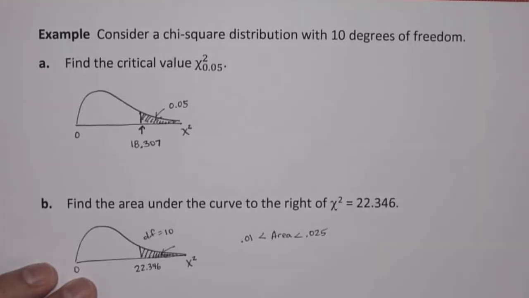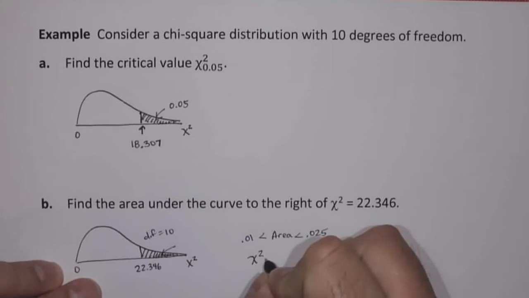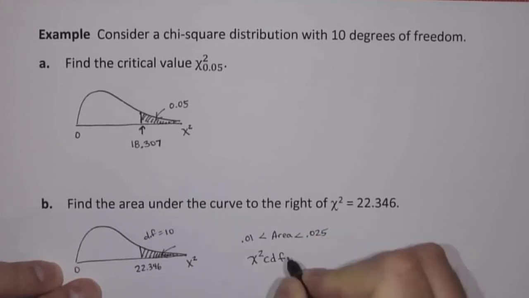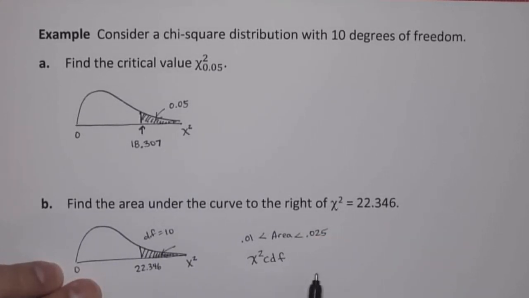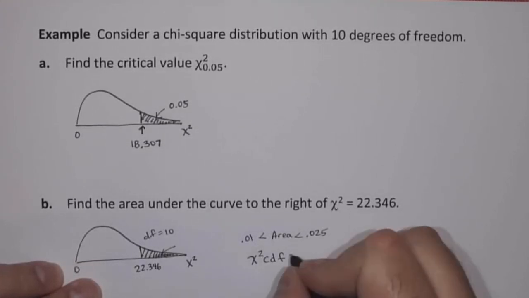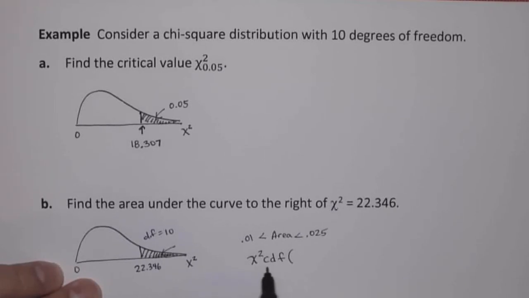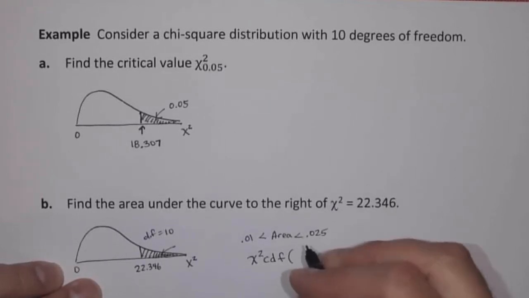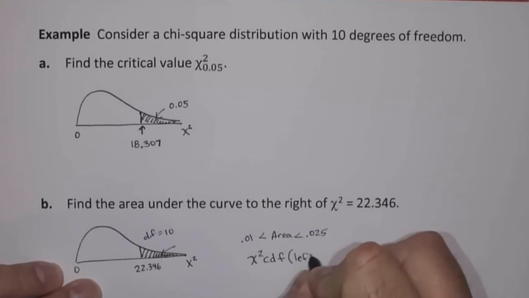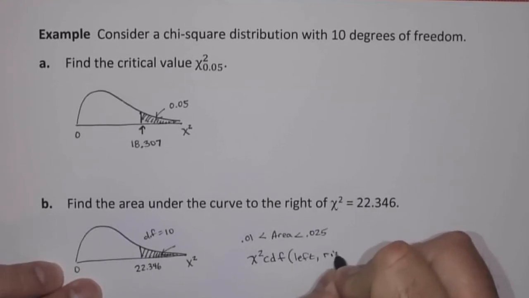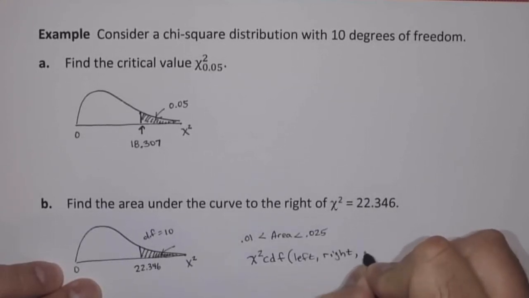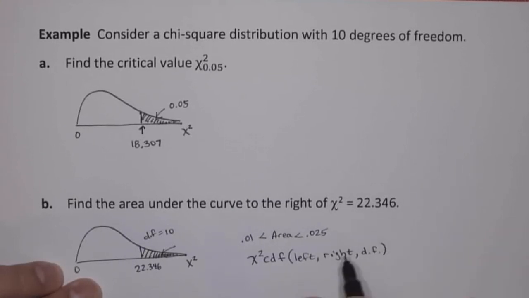It works like the normal CDF and tCDF commands: I put in a left bound, a right bound, and then the degrees of freedom. Very much like the tCDF command we've used previously.